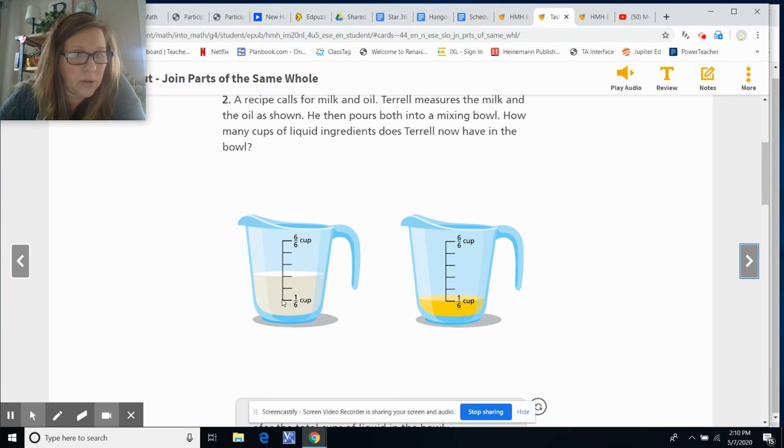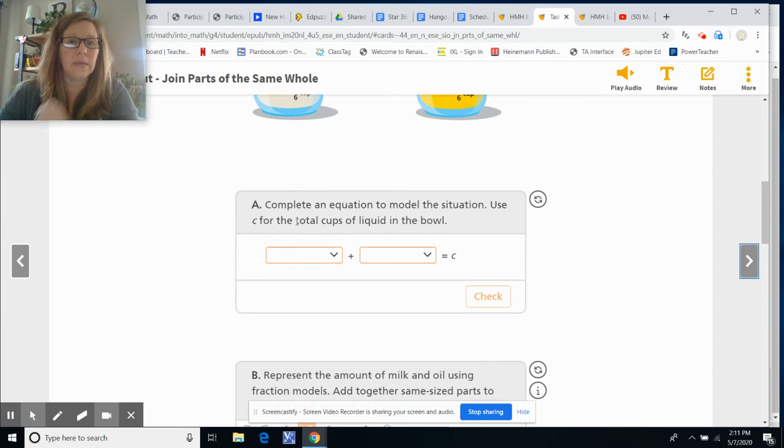And so let's count up our units and see how many we have. We have 1, 2, 3. This is 3/6 of a cup. And then this here is only 1/6 of a cup. So let's complete an equation to model the situation.